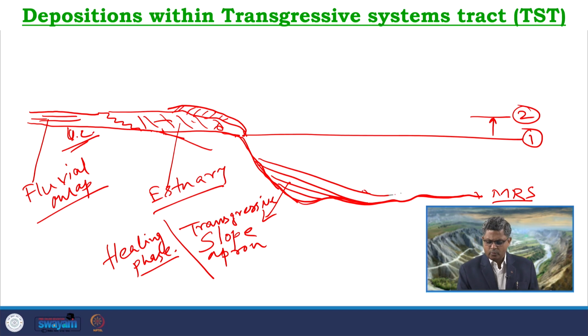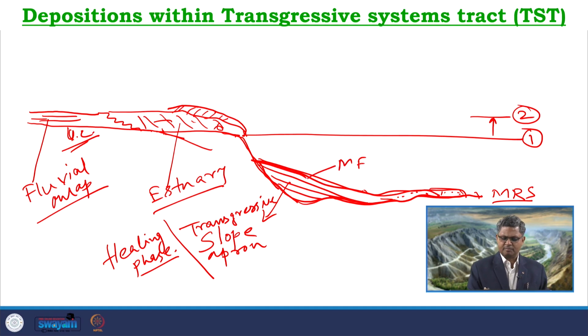Along with that we get deposition of mud flow deposits and low density turbidites in the depressional part. This entire package will be covered by a surface called the maximum flooding surface, which may be traced over here and over here as well.